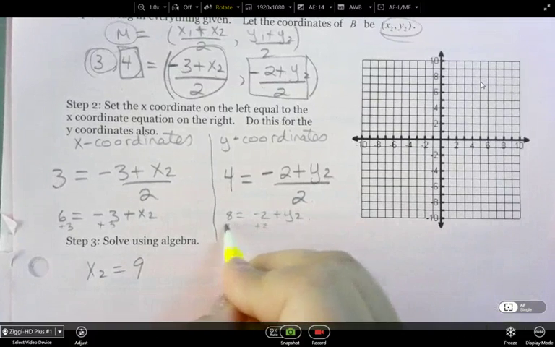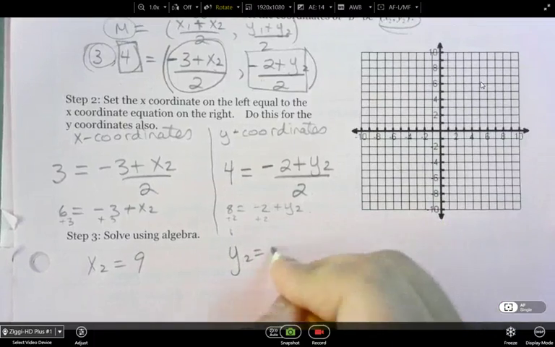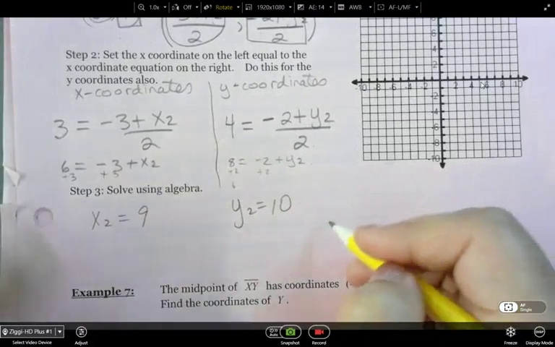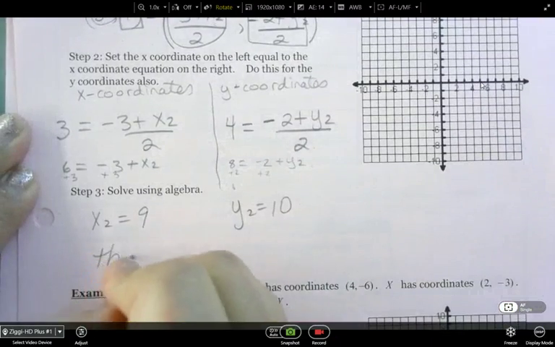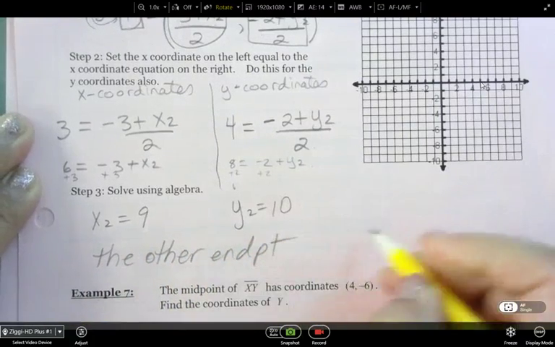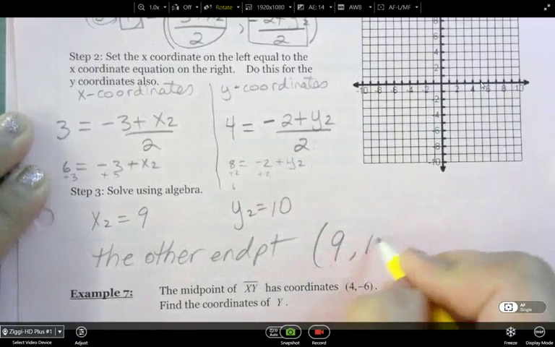Add 2 on both sides. We get y2 is equal to 10. All right, so what is the other endpoint? The other endpoint is (9, 10).